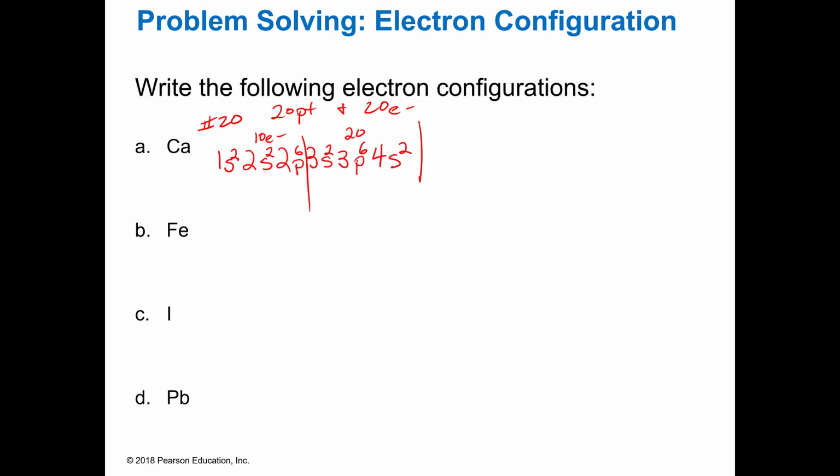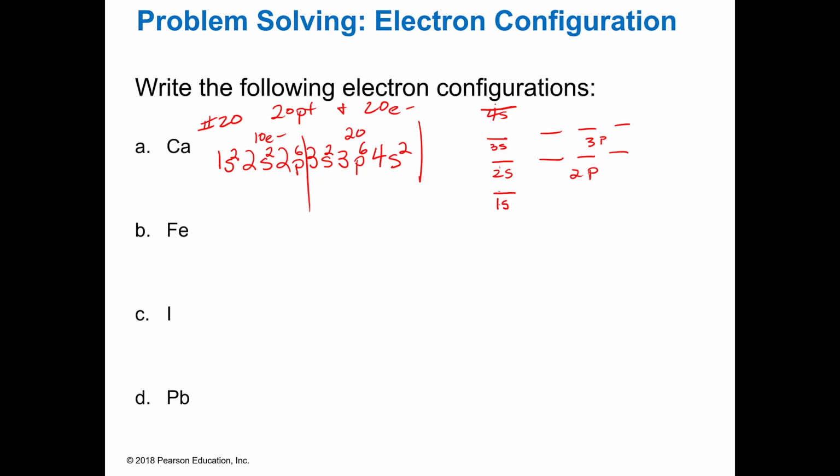If I was doing the orbital diagram, it would be 1s, 2s, 2p, 3s, 3p, 4s. And I'm not a super stickler that you get them exactly right in the right level.